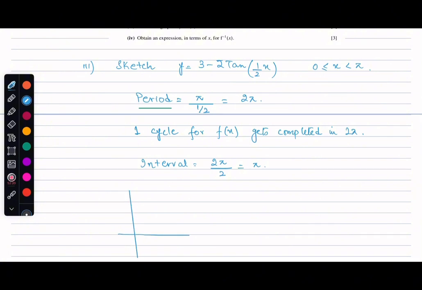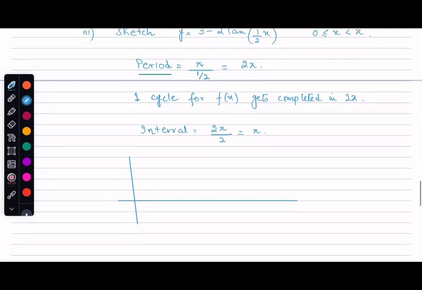So if I have my values here for 0 to pi, then what I know is that my function value is 3 minus 2 tan of 1 by 2 x. If I substitute 0, I have already taken out the value, which came out to be 3. And if I substitute pi, then this is equal to 3 minus 2 tan pi by 2, which gives infinity, and 3 minus 2 times infinity would give us infinity.